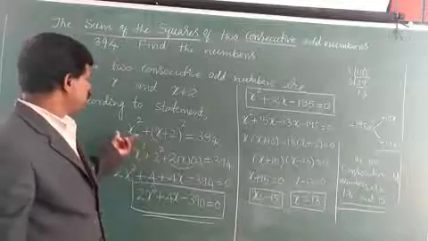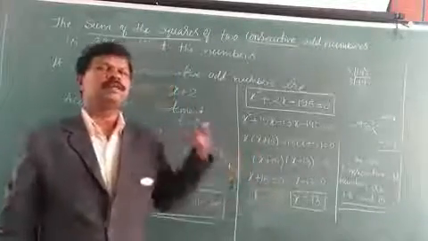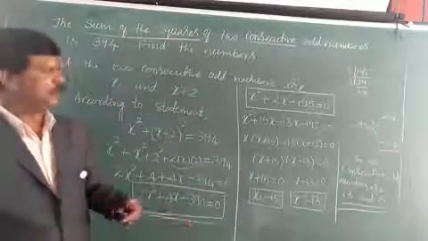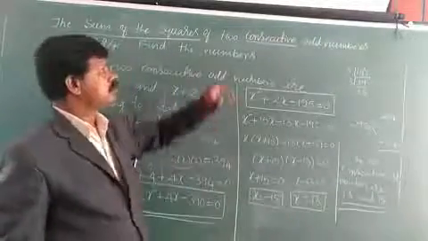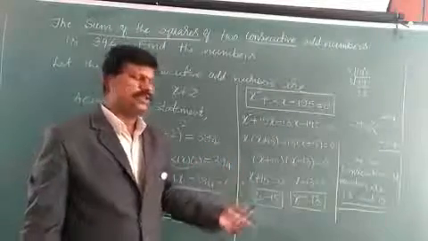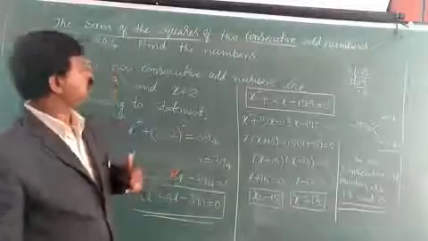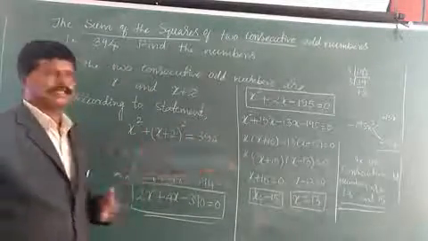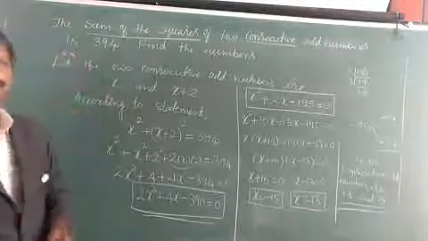When you are taking the squares, then it becomes plus. Minus 15 becomes plus 225, minus 13 becomes plus 169. Therefore, you can take it as 13 and 15. So actually, this is a positive odd integer. When they ask for the positive, then neglect the negative. If they simply ask to find the two consecutive odd numbers, then you can take this. Clear? So, this is the second word problem.